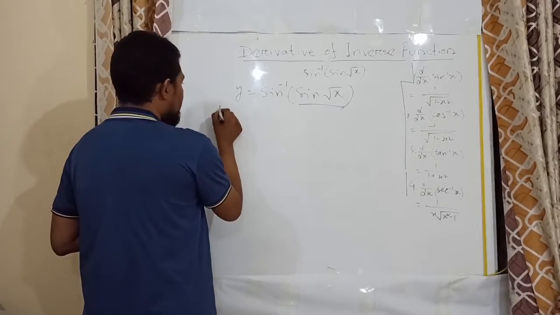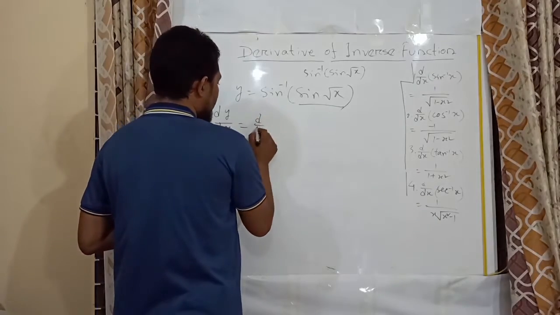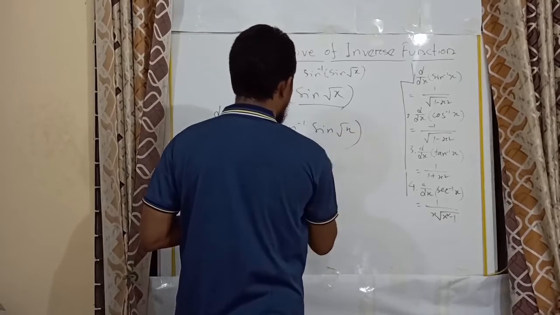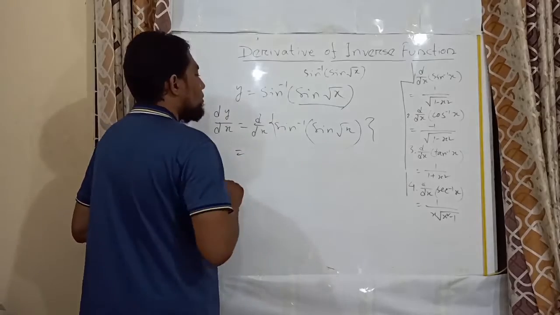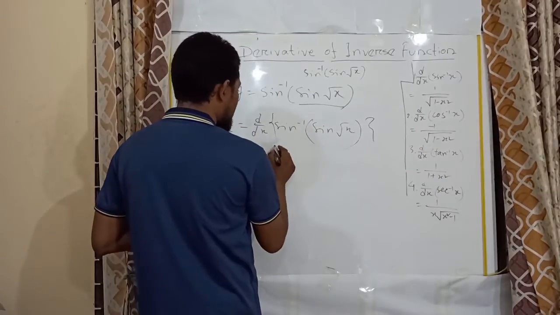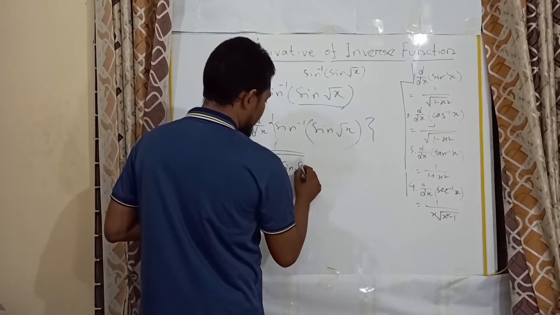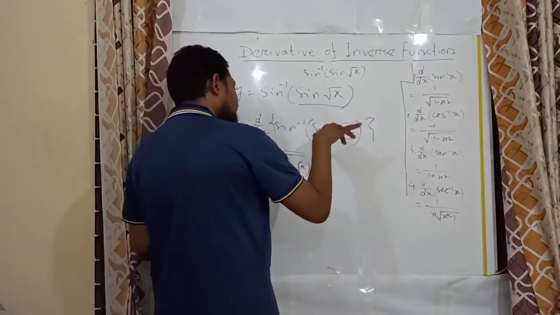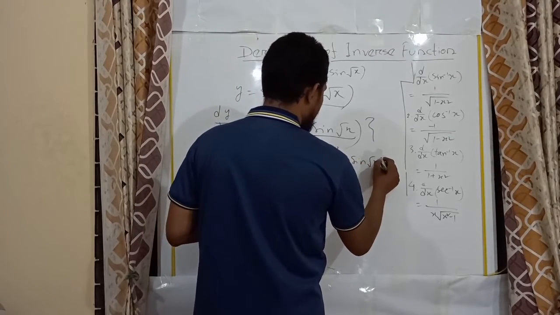So if we make the derivative dy/dx, d/dx of sine inverse of sine root x. As it is sine inverse, we know the formula, 1 by root over 1 minus root x whole square. But as it is not x, we have to differentiate again. So d/dx of sine root x.